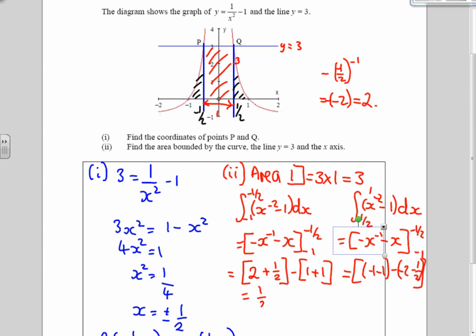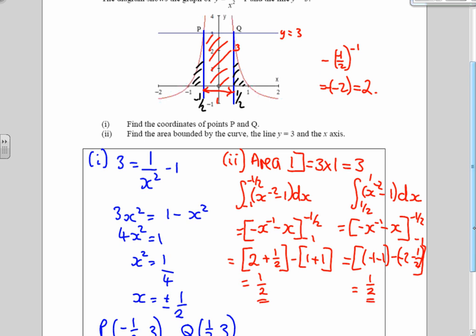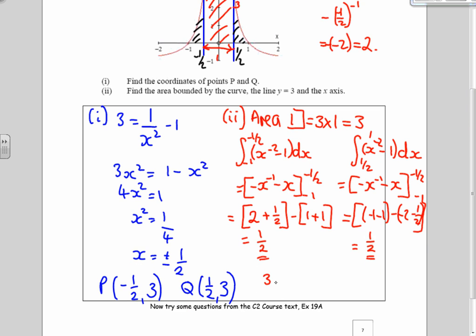So that just leaves us with a half. And here, we end up with minus 1, which is minus 2. Then minus 2, which is plus 2. So that gives us 0. And then we have minus a half, which just gives us plus a half. So the area altogether is a half.